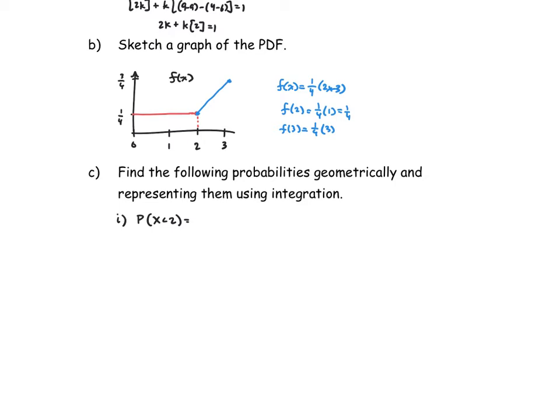So this actually would be equal to the probability that x is less than or equal to 2, which I can then take and find the area under the red curve, which would be 2 minus 0 times a fourth, which of course comes out to be a half. So we can see then that the area from 2 to 3 would also have to be a half. Right? We could kind of make that generalization.